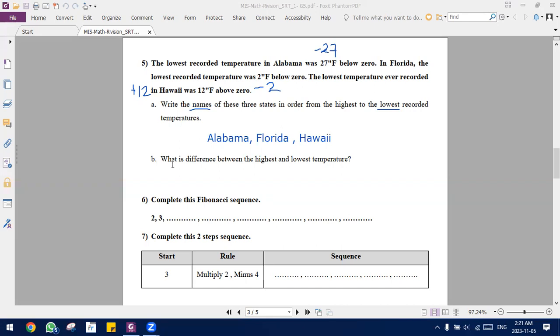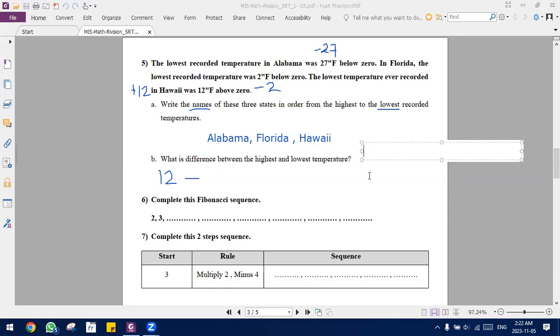Then they say, what's the difference between the highest and the lowest? We always start with the highest one. The highest is 12. We said that for the difference, it means minus. How do you find the difference? Let me write the formula if you don't know. So we can solve it logically, mentally, or using the formula.